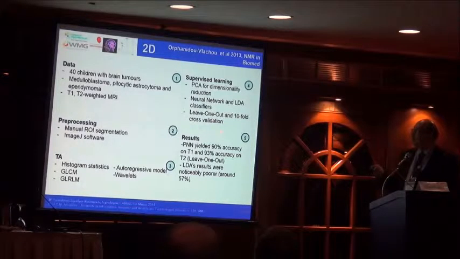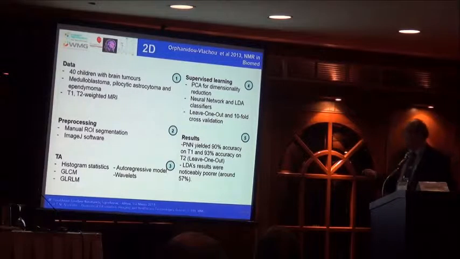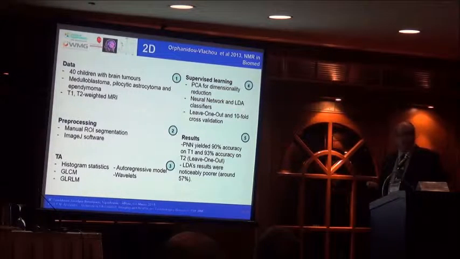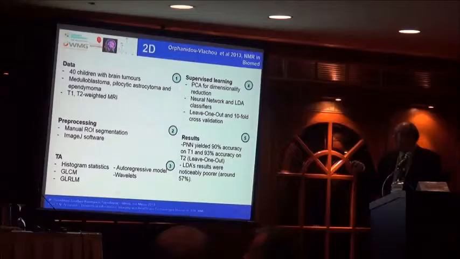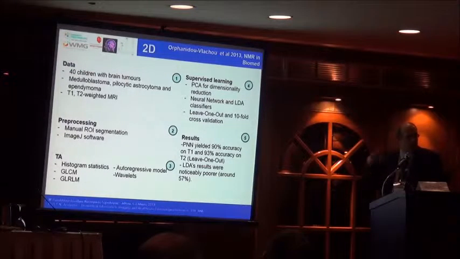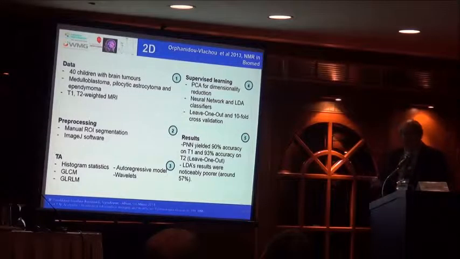And again, through supervised learning, we reduced the features with principal component analysis. Then we used the neural network and linear discriminant analysis classifier, and we validated all this. We have to validate everything because we have 40 children. So we do the leave-one-out analysis.